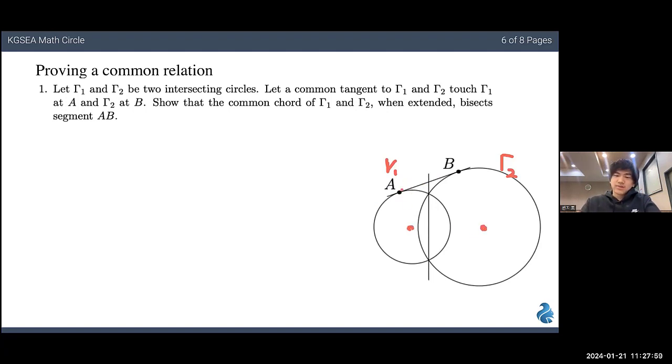One thing we noticed right away is that since we want to prove that this bisects this, we can set this as equal. And then due to power of a point again, if we call the midpoint of A and B X, we want to show that it's going to be on the radical axis or the common chord of omega 1 and omega 2.